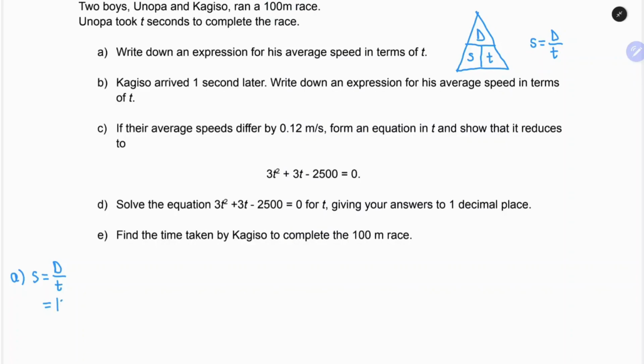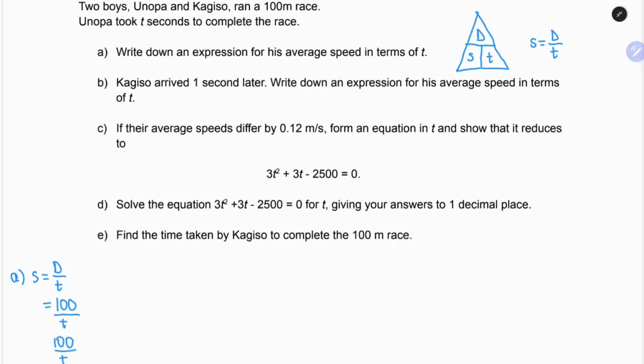So I'm gonna put in 100 right there, divided by the time. We can obviously see Unopa took t seconds. So it's going to be divided by t, the time which is t. So the answer is going to be 100 over t.